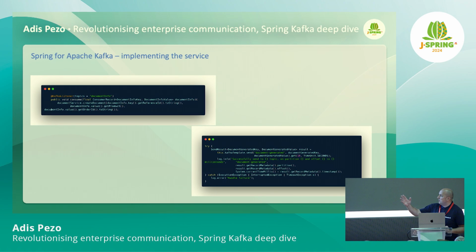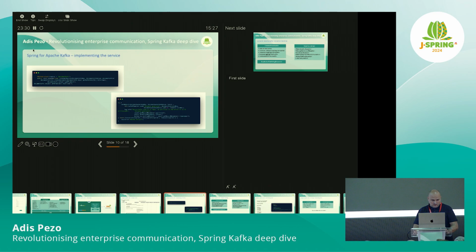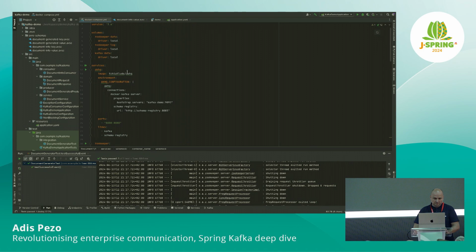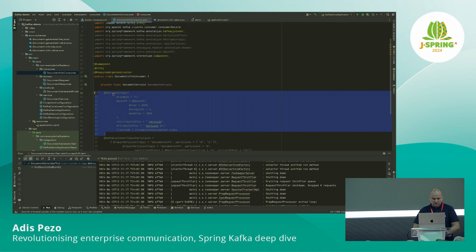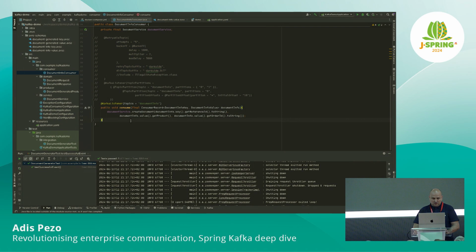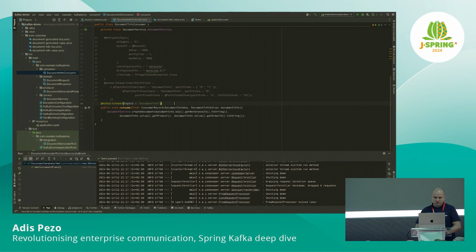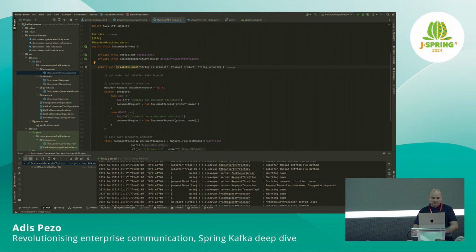We have our listener and our producer here, and I can show you how that looks. I have my consumer, which is simply a Kafka listener annotation that will consume the message and call my service to create the document.